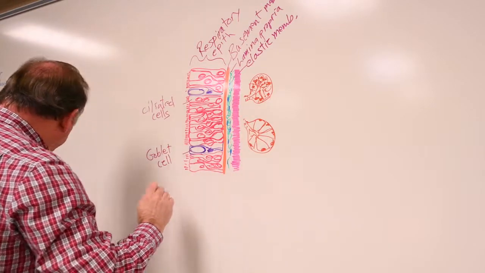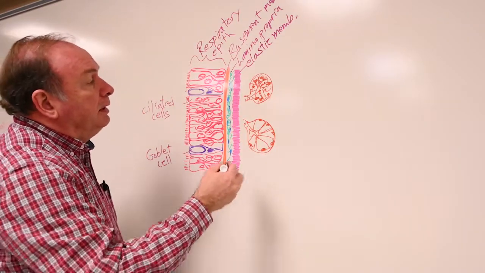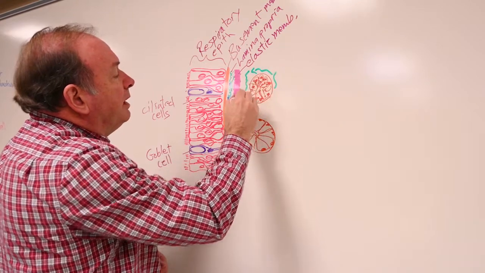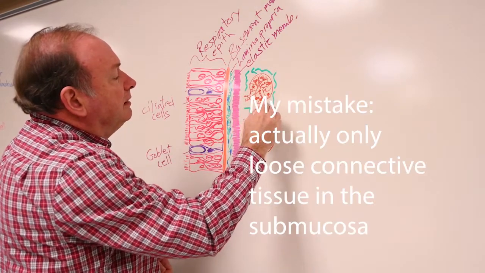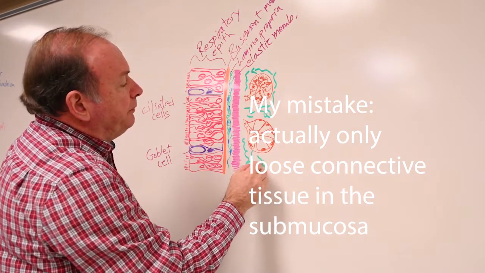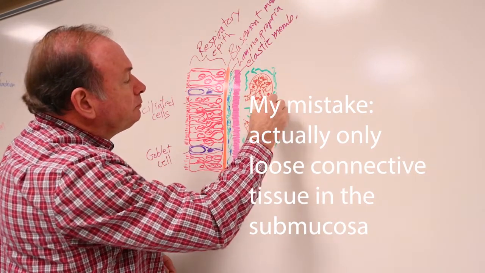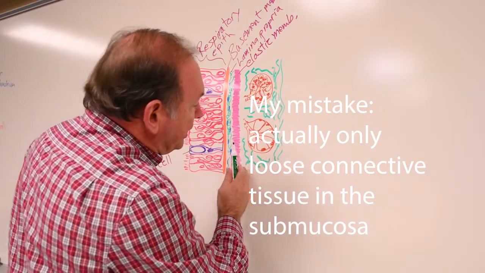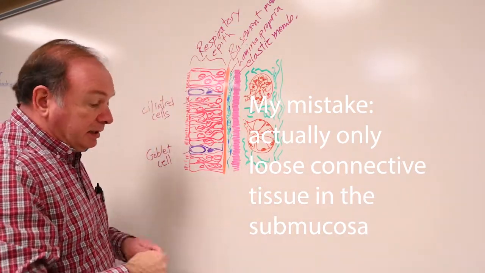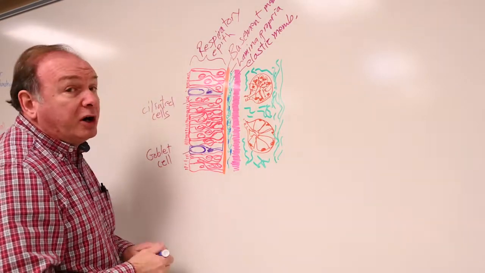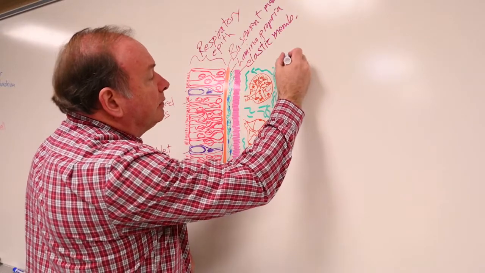Otherwise, that tissue is typical of submucosa we see elsewhere, with a fair amount of dense and loose looking connective tissue. This extends out to the next layer, which in the trachea is not a muscularis externa, but a layer of cartilage. So we'll get a layer of cartilage out here.